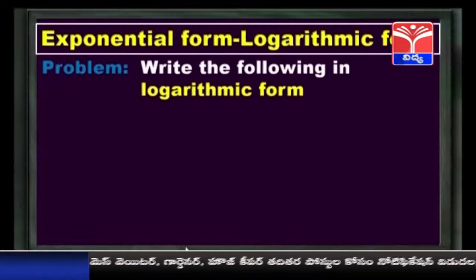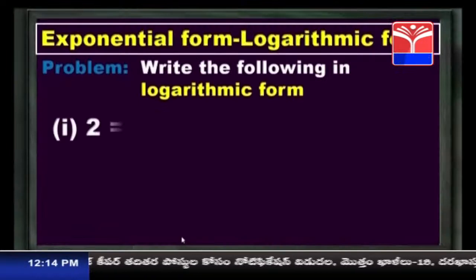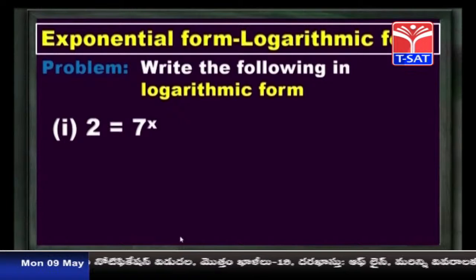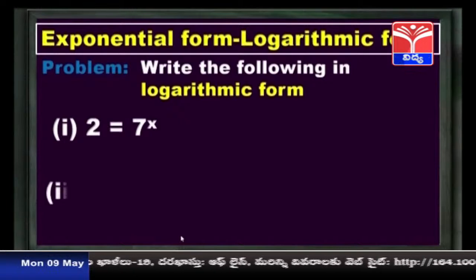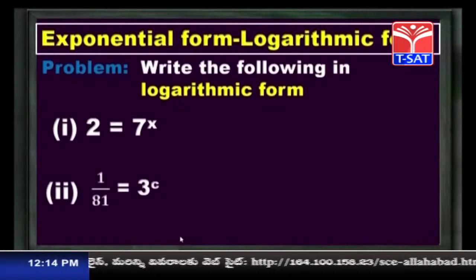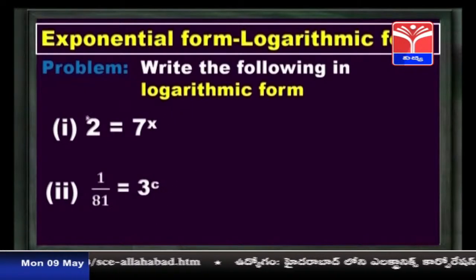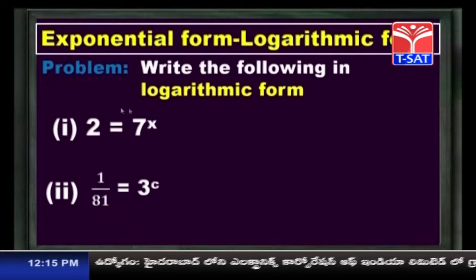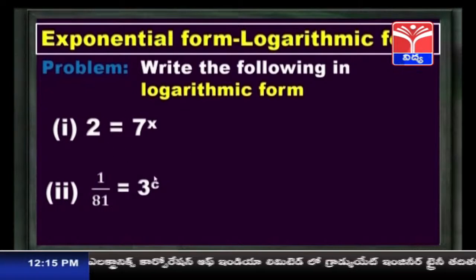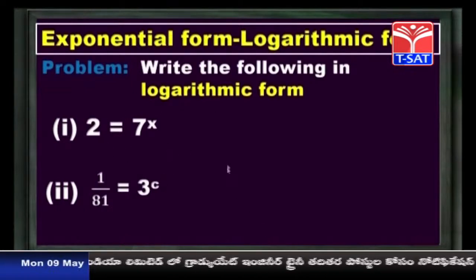Problem: write the following in logarithmic form. The first question is 2 is equal to 7 power x, and the second question is 1 by 81 is equal to 3 power c. If you observe, students, these are in exponential form, and we need to write them in logarithmic form.